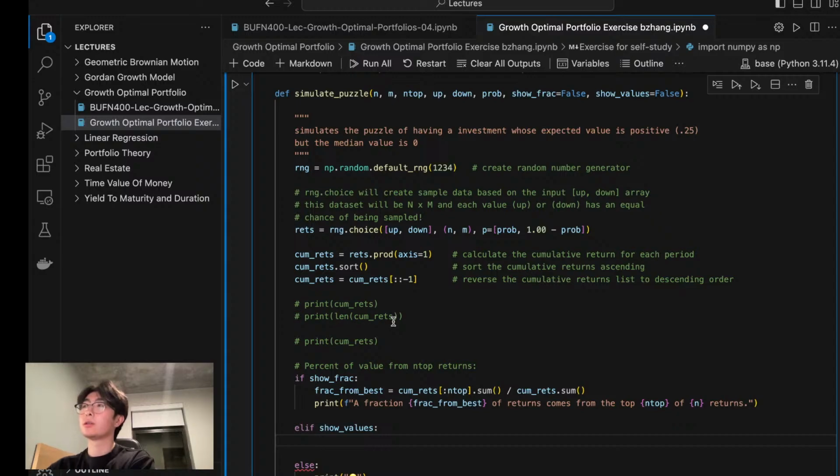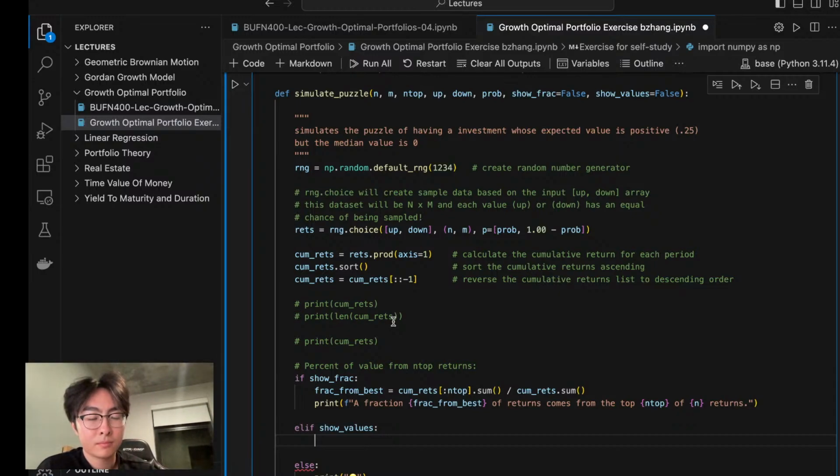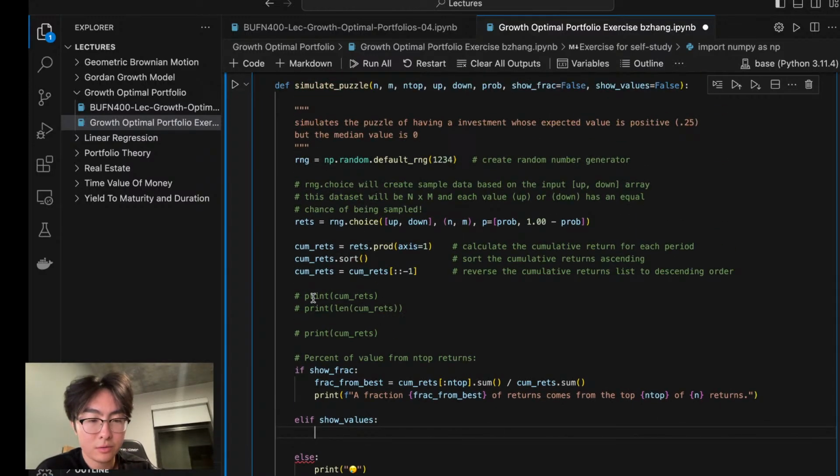That's a numpy dot prod. Oops. Numpy prod. Actually, yeah, is this cumulative returns?